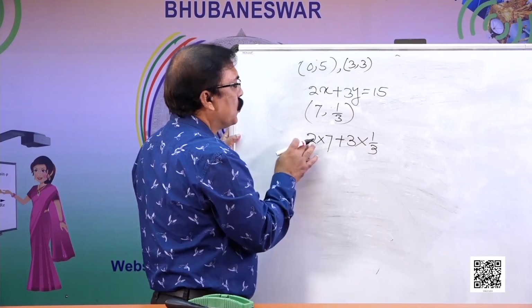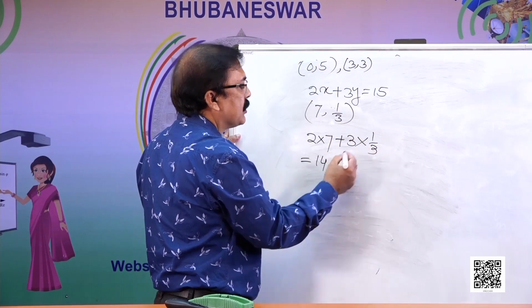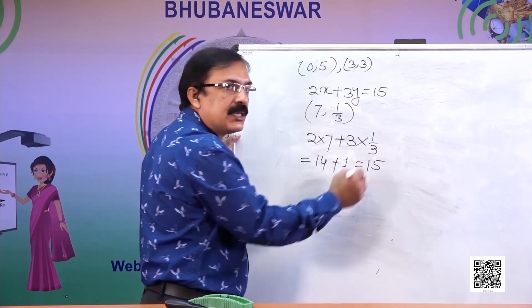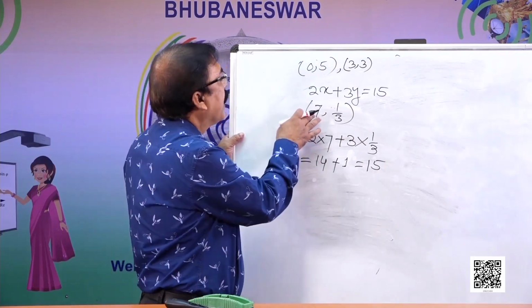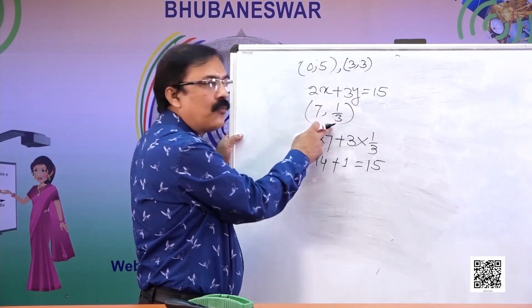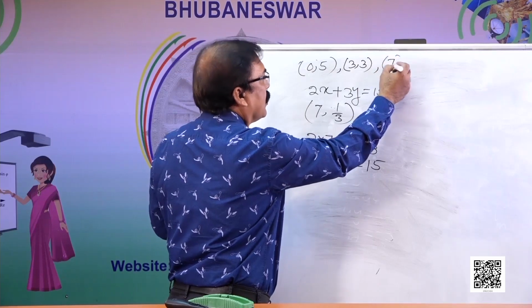This gives 2 into 7, 14, plus 3, 3 cancelled, that is 1. So 14 plus 1 is 15. So the equation is satisfied by this solution 7, 1 by 3. So this is a solution to the given equation.